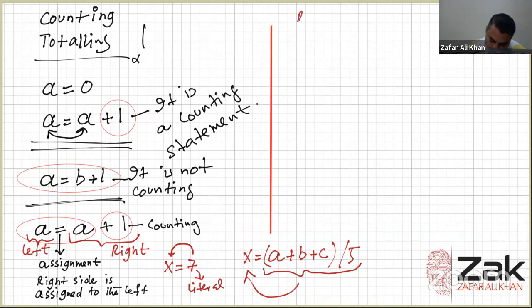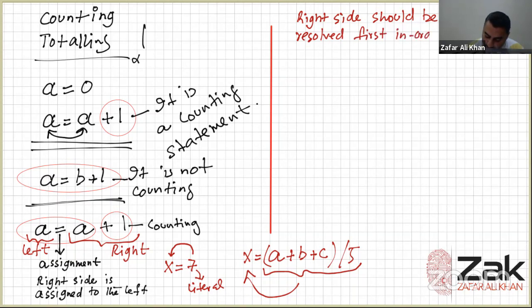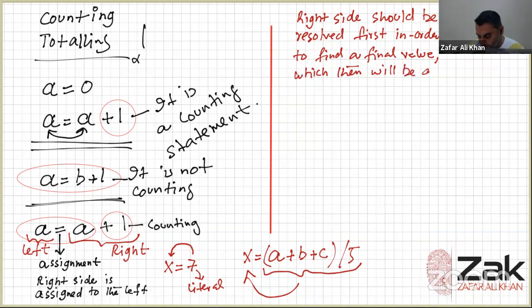So the right side should be resolved first in order to find a final value, which will then be assigned to the left.